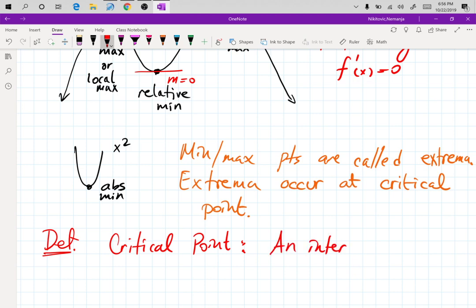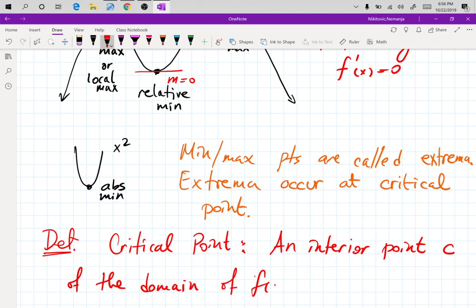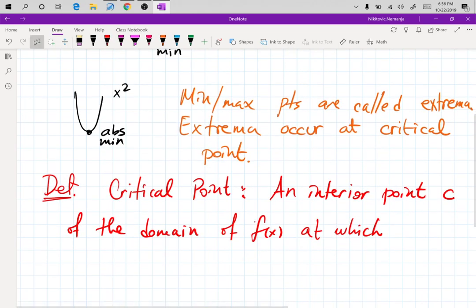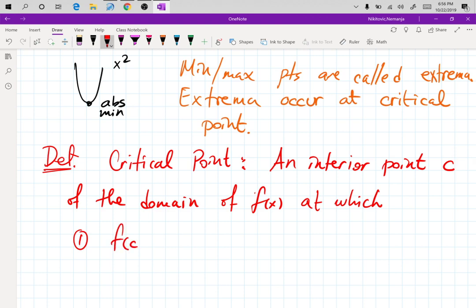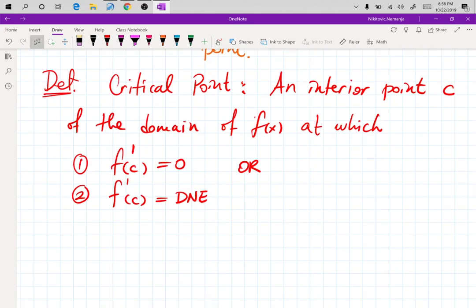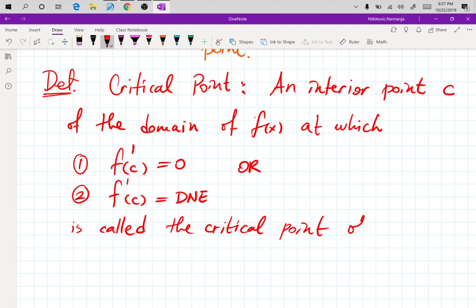An interior point c of the domain of f of x at which number one, f prime of c is 0, or number two, f prime of c does not exist, is called the critical point of f of x.